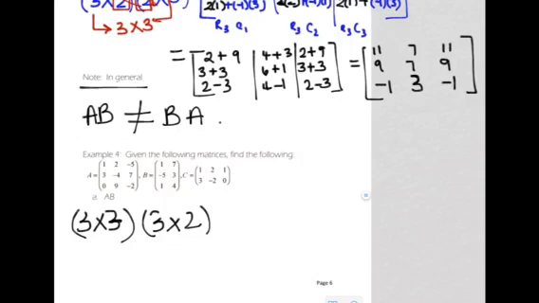So again, what are you checking that is the same? This number and this number, they are. So we end up in the end with a 3 by 2.